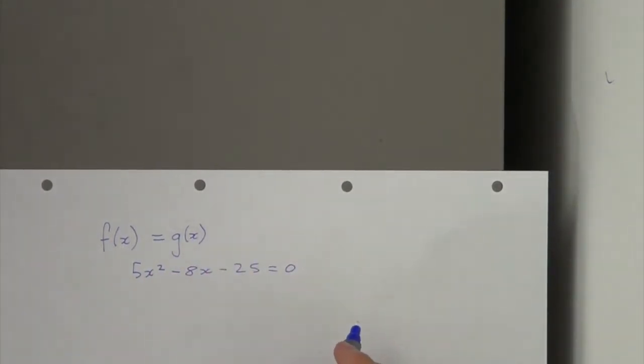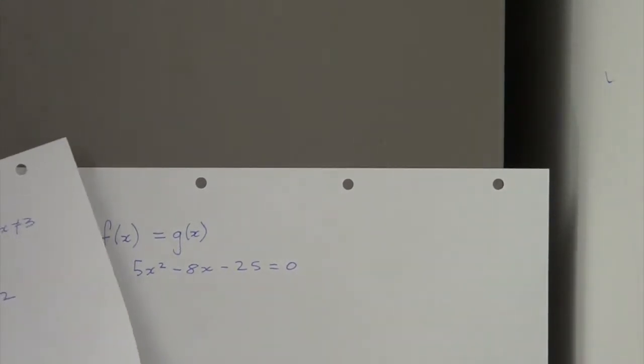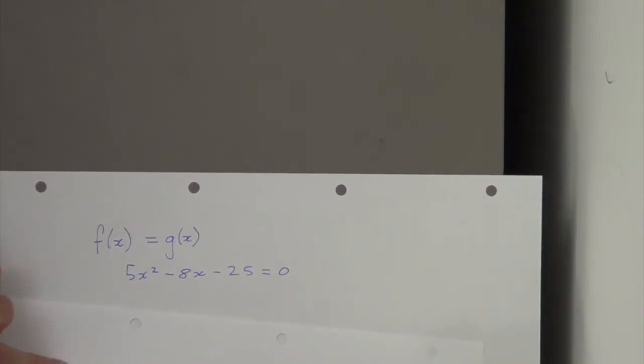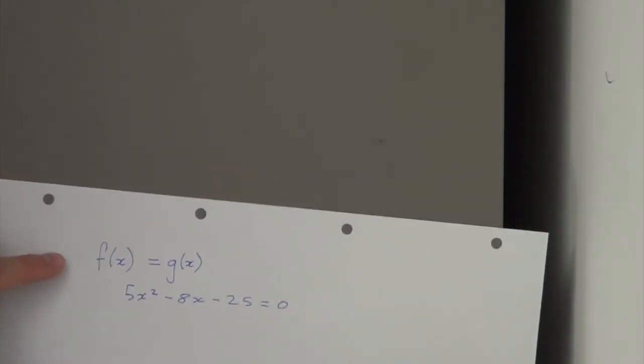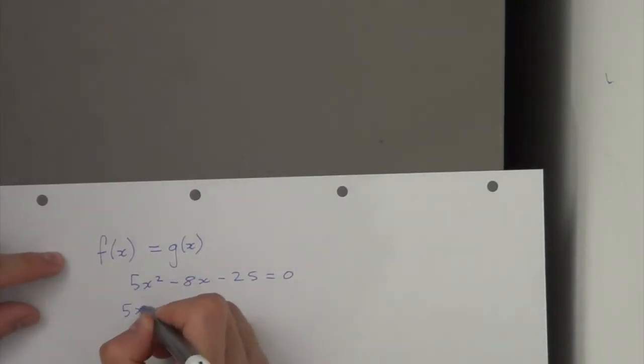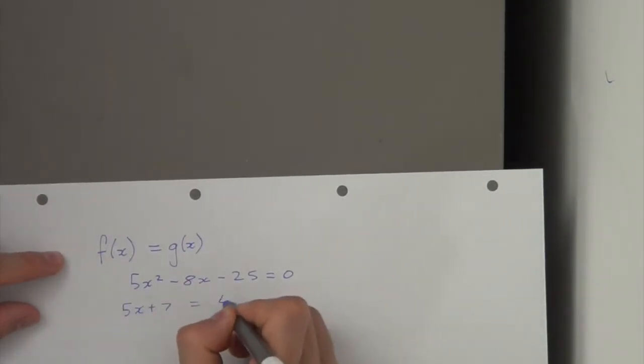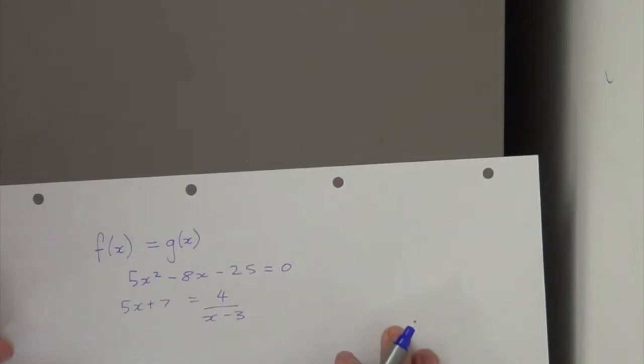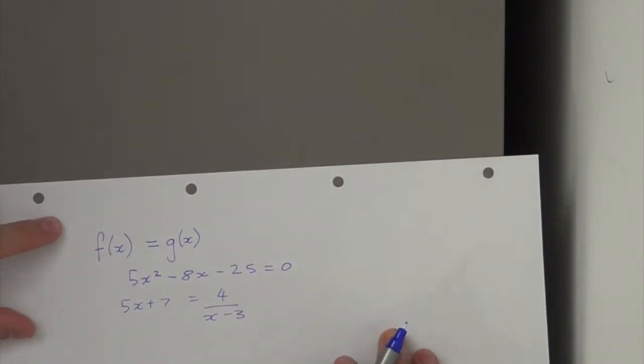So, if I look back at my values of f(x) and g(x), I'm basically going to equate them. So I'm going to say 5x plus 7 equals 4 over x minus 3. How do I do this?